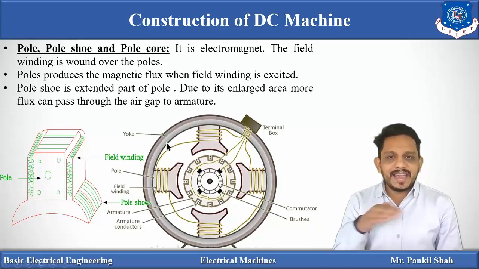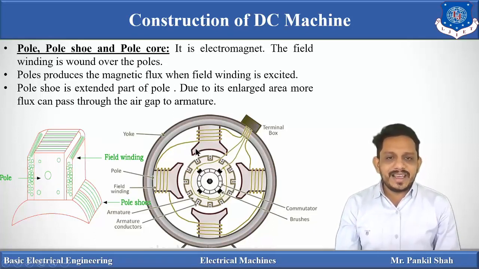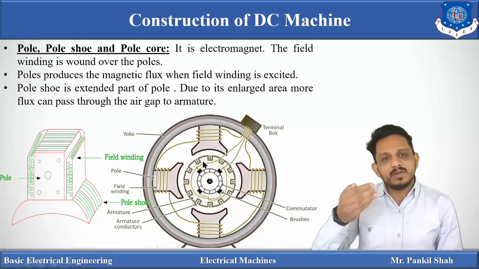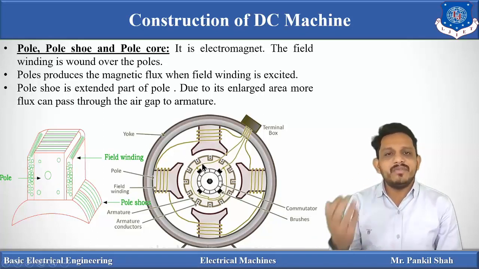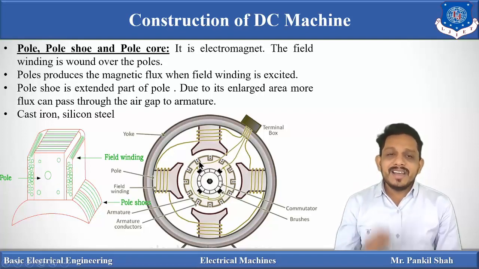Pole shoe is the extended part of the pole. Due to the enlarged area, more flux can pass through the air gap to the armature. Means if this area is enlarged, then more flux can link with the armature winding. And if it is not enlarged, the amount of flux which is linking with the armature will be very small. So the pole is made up of cast iron and silicon steel.